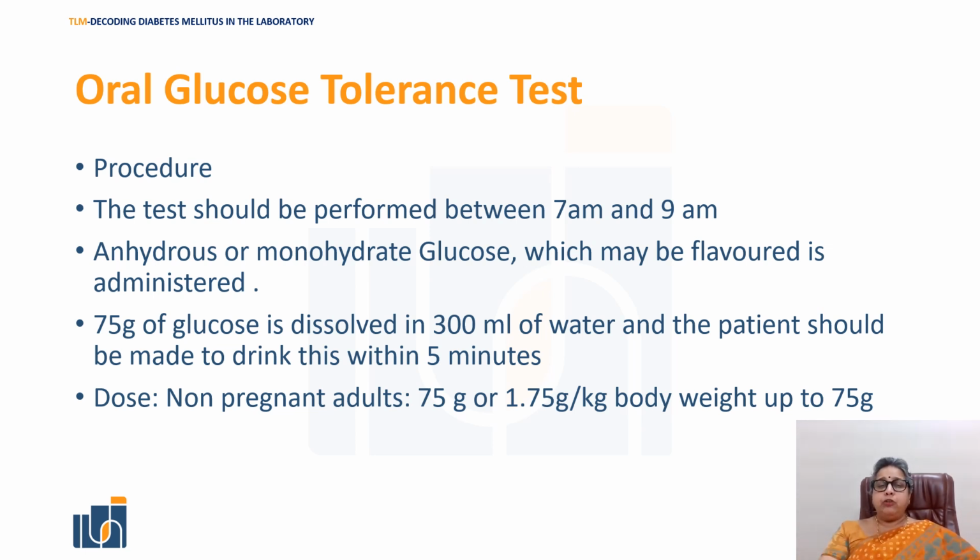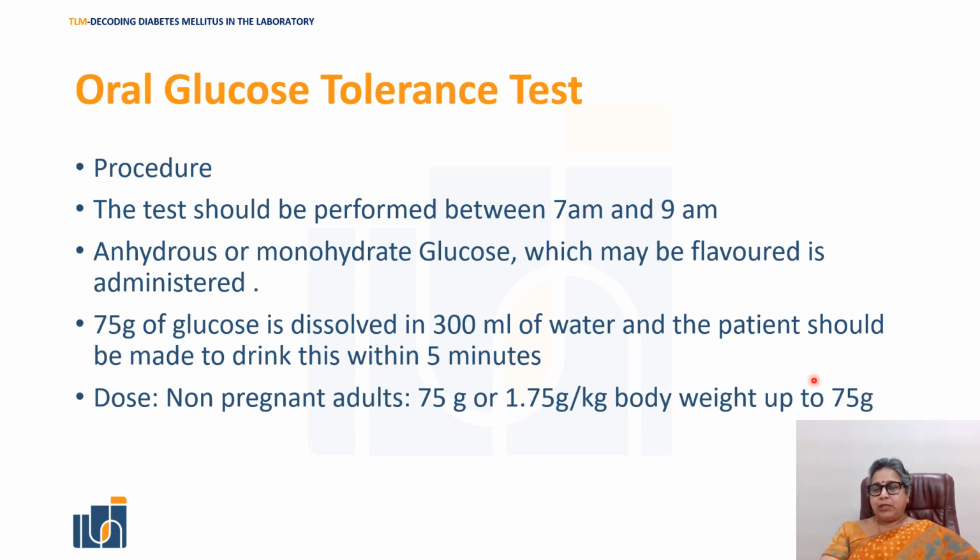So it's important to follow this part. 75 grams of glucose is weighed, dissolved in 300 ml of water, and the patient should drink it within 5 minutes and then remain seated after that. In non-pregnant adults, it's 75 grams or 1.75 grams per kg body weight up to 75 grams.